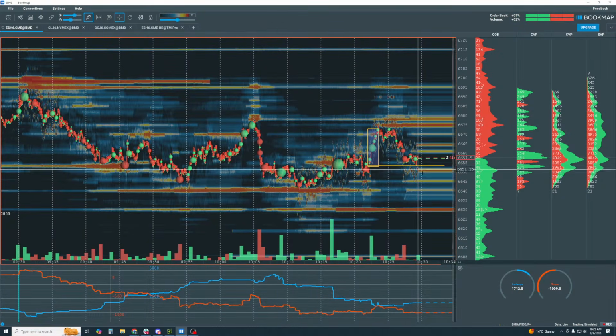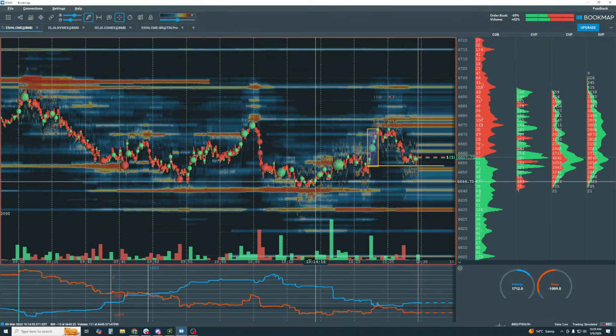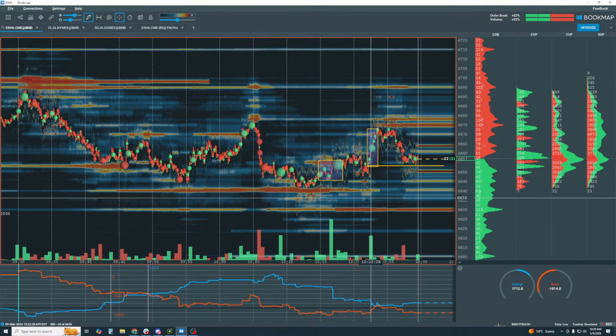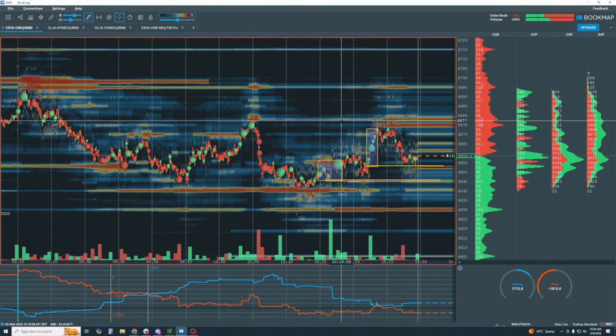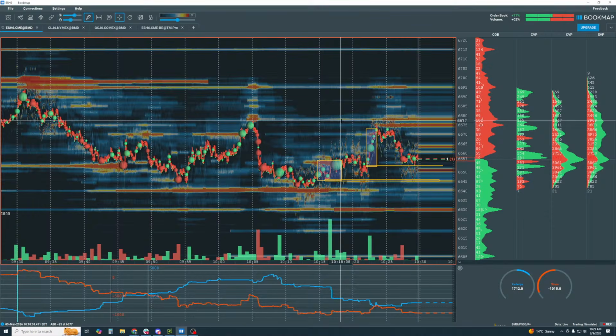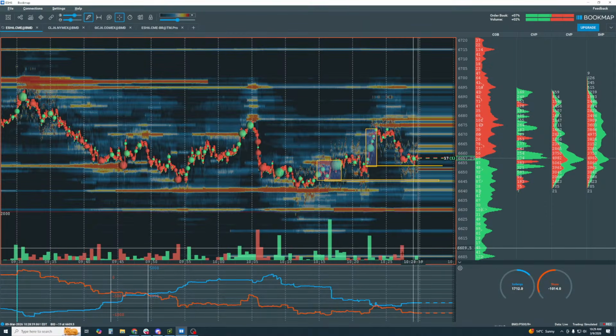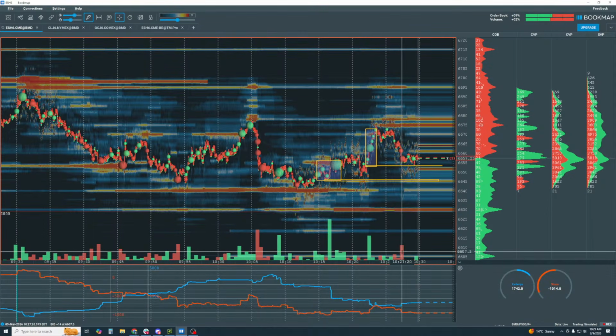So we're going to be watching that 55 level. This is really where the bulk of that buying came in. This is the zone that I'm looking at between 55 and 45 to see what might be unfolding in there, because right now, this looks like chop to me.